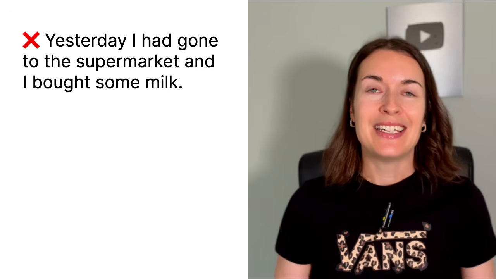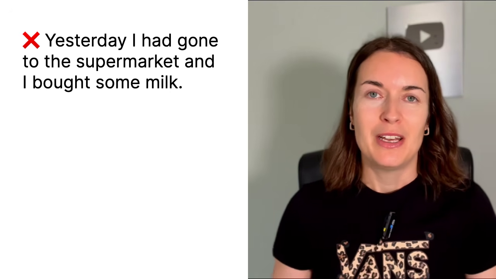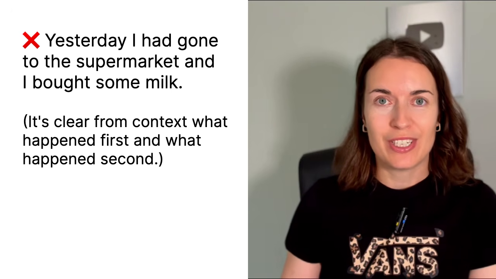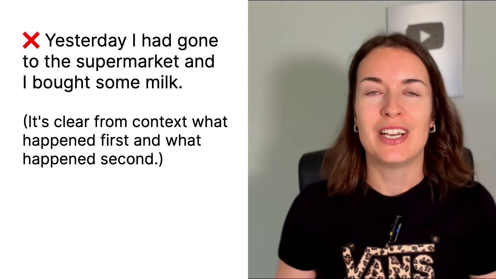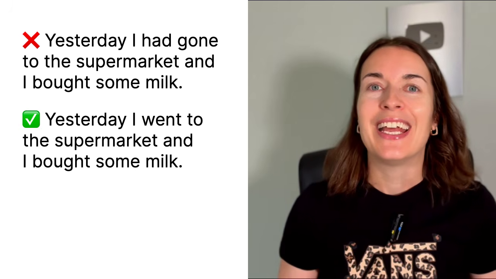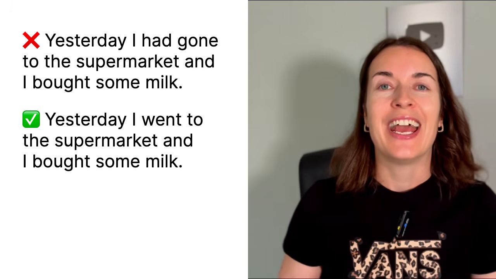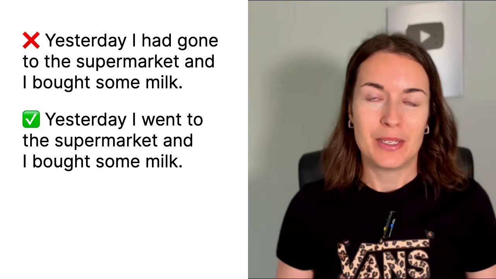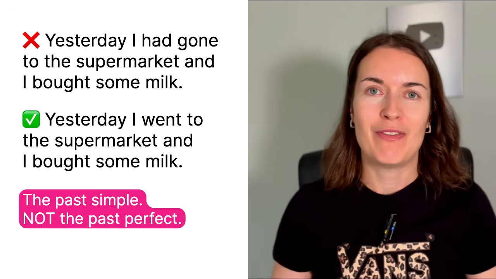So in this sentence, you don't need the past perfect because it's clear from context what happened first and what happened after. So it's clear that I went to the supermarket first and then I bought some milk. So we don't need the past perfect.